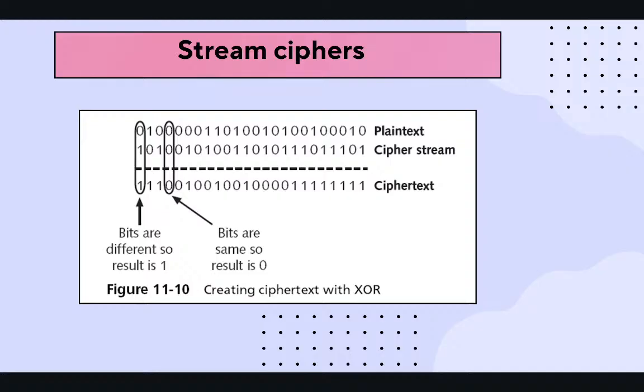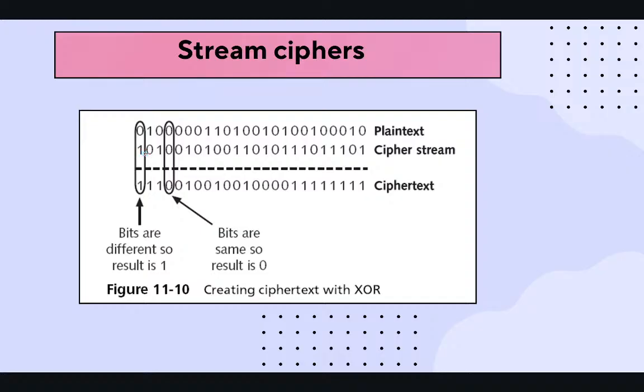Okay, I'll explain what XOR is. We are looking at binary data here, so the data and the key stream are both in binary. In binary, XOR takes two bits.